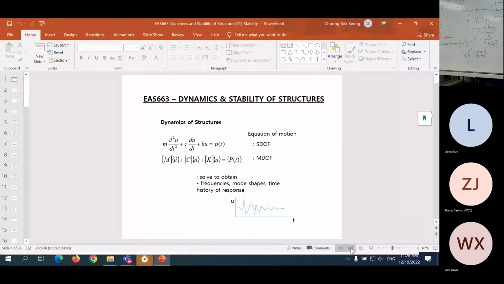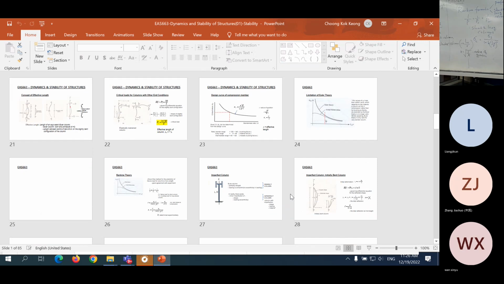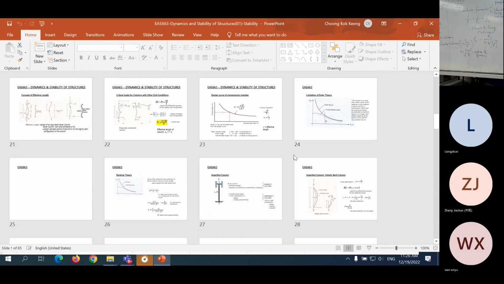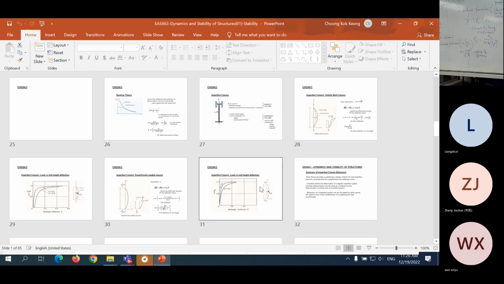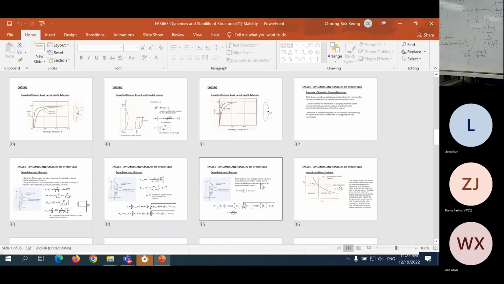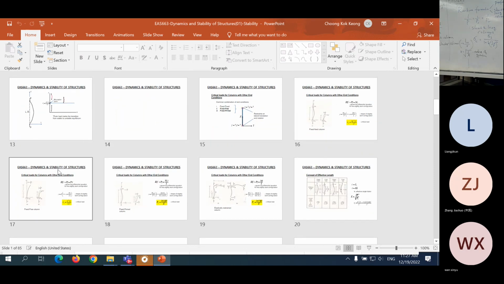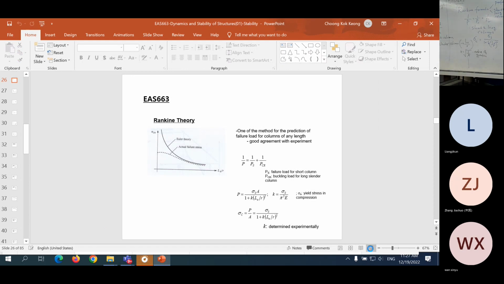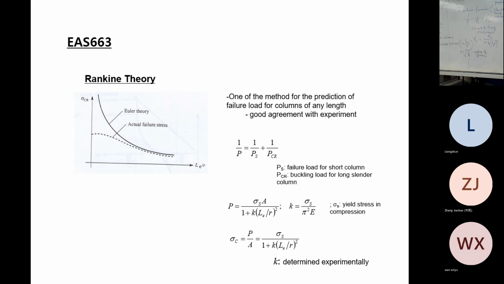For the value of K that I showed on the whiteboard, if we go to the Rankine formula, we can get K from this: K is equal to sigma S over pi squared E. So it is very much dependent on the material that you use.